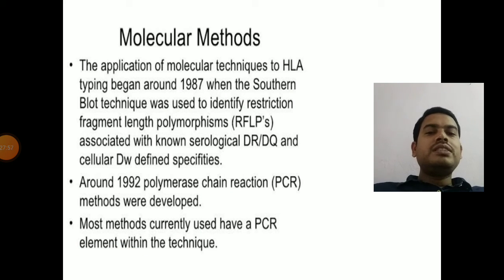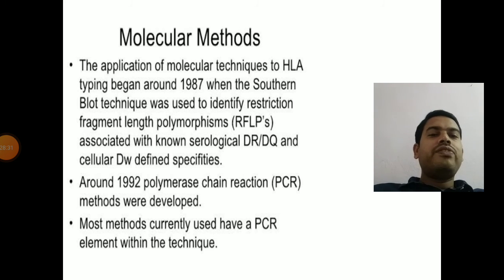So the major methods that are used, and which are accurate for HLA typing, are molecular methods. Some serological methods are also used, but molecular methods will give accurate results for the process of transplantation. After the invention of Southern blotting and restriction fragment length polymorphisms, it became easy for HLA typing between donor and recipient.